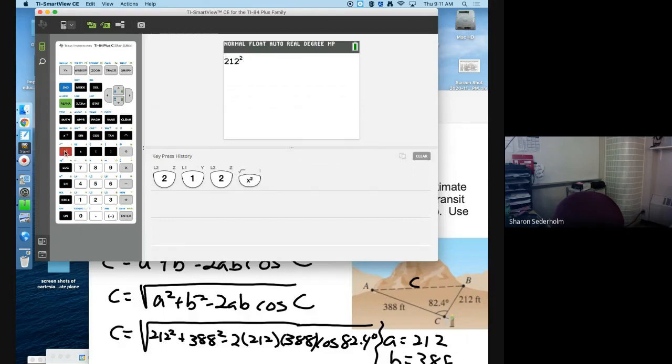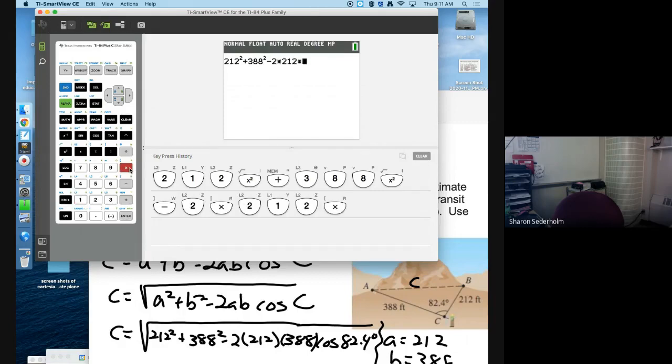So 212 squared plus 388 squared minus 2 times 212 times 388 times the cosine of 82.4.